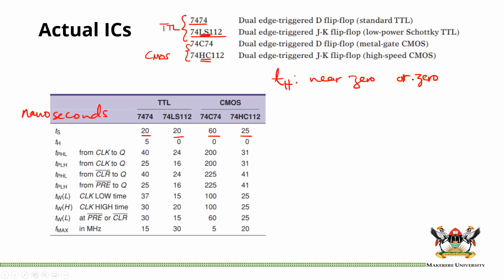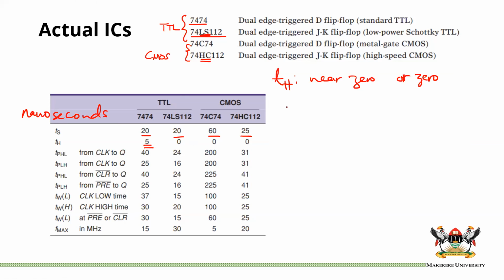It is the time after the clock transition that you should maintain the inputs in their current states so that the thing can work. But you can see that that time doesn't have to be long, certainly not as long as the setup times, because for setup times you want your states to actually stabilize. So it takes a bit of time. But once the clock comes in and the flip-flop has captured the inputs, you don't really need to hold longer.